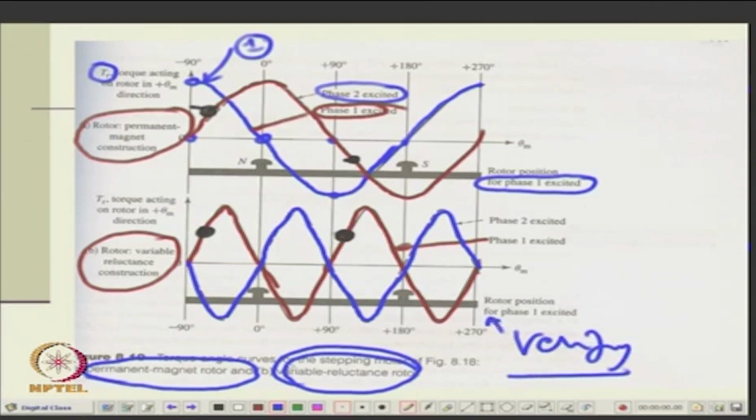What we are trying to say is, if a stator is excited, the rotor will experience 0 torque when they are aligned and maximum torque when they are unaligned or in quadrature, and in between it goes from maximum torque to 0 torque in a sinusoidal fashion, right. So, the rotor is experiencing different torques at different theta for a given excitation.